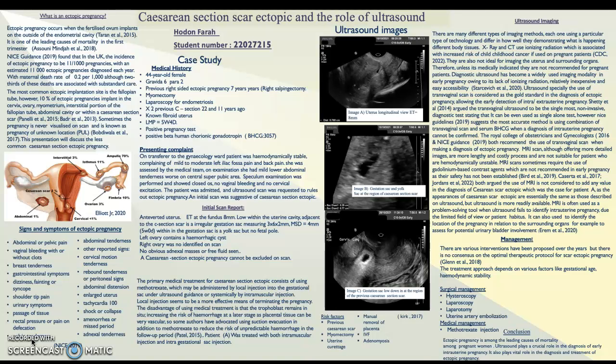Recent research supports any method that removes the pregnancy and the scar, and reduces morbidity and promotes future fertility. Glenn et al. 2018 argued that laparoscopic and transvaginal approaches are believed to be the first options for caesarean section ectopic, although continuous research is required to identify the optimal approach.